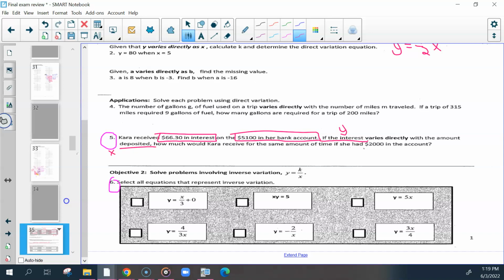To set up how to solve this, we're going to set up a proportion, y over x. So we're going to do 6630 over 5100 equals, we're looking for how much you would receive in interest for the same amount deposited. So we're looking for our y value and we know our x value.